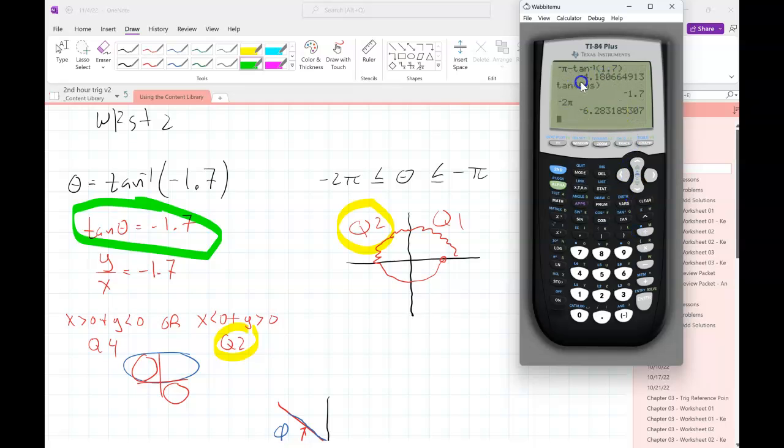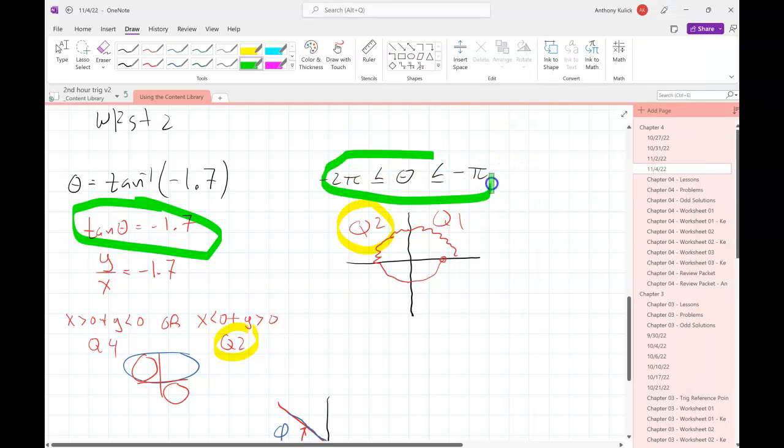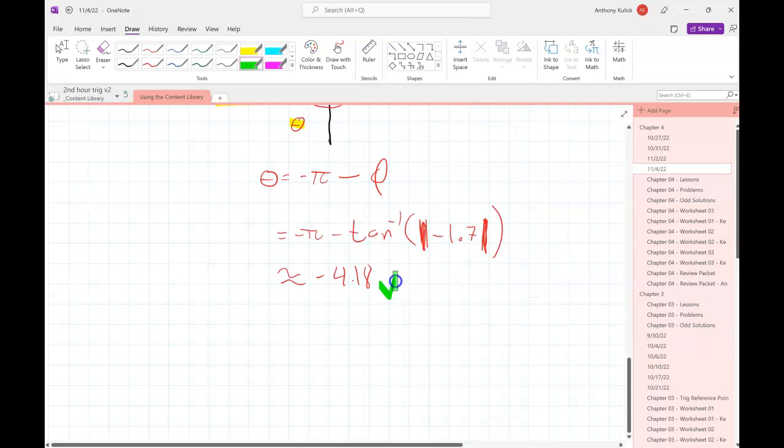Yep, negative 4.2 is definitely bigger than negative 6.3. And I know negative pi is just negative 3.14, so negative 4 is definitely smaller than negative 3. So I'm definitely good there. To check this, I just make sure it satisfies both of those two things. And I know I'm correct.